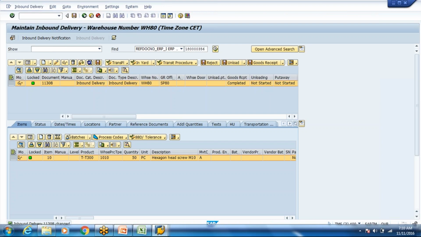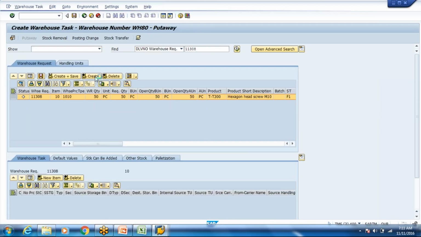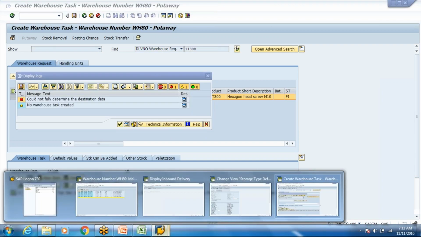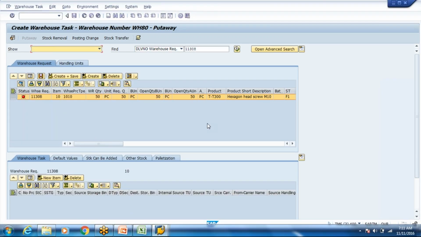Now when I go and create a task, you can see it should go into that bin we had searched. Okay, I think it did not find a bin. We'll see here.